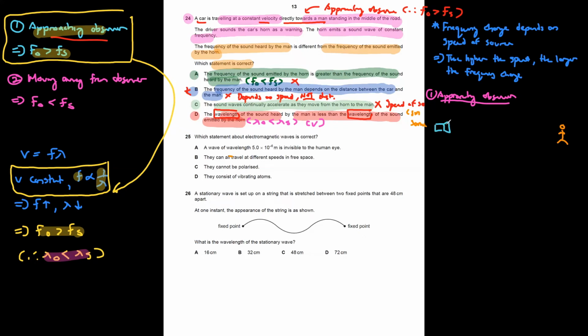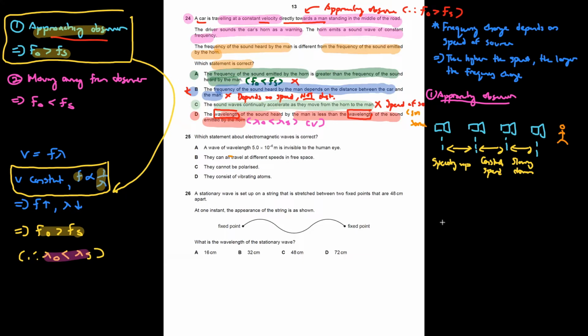This source moves like this. There are a few cases here. In the first part, the source is speeding up, then this part is constant speed, and then this one is slowing down as you're moving towards the observer.